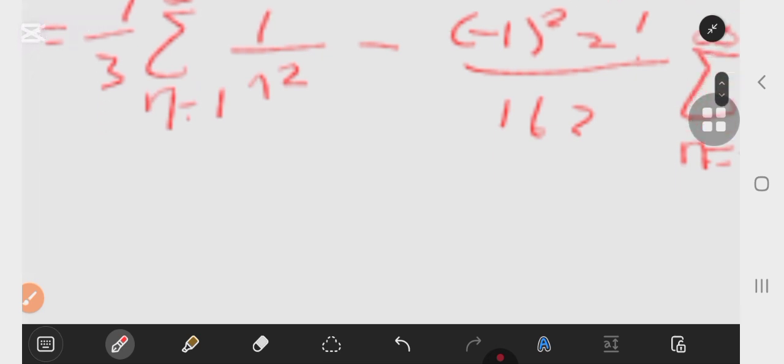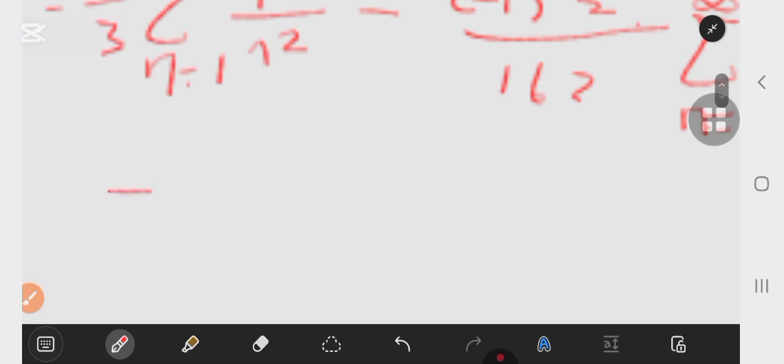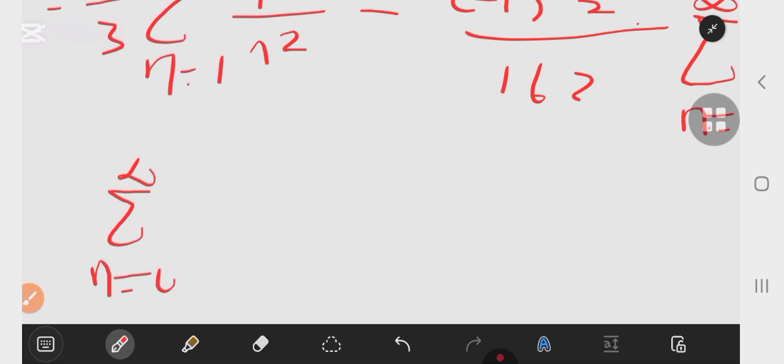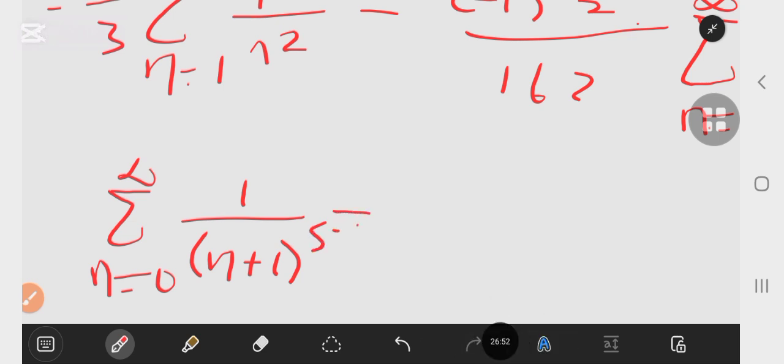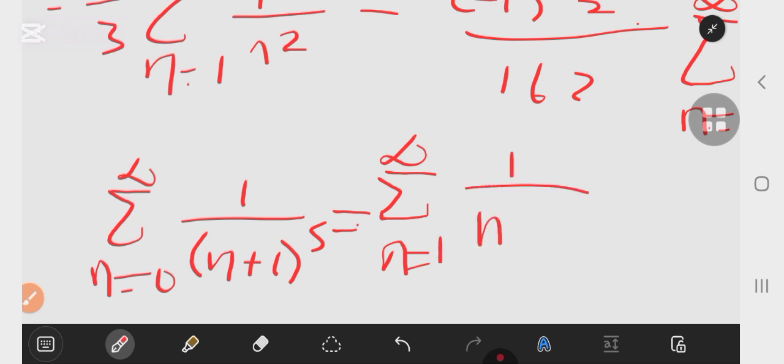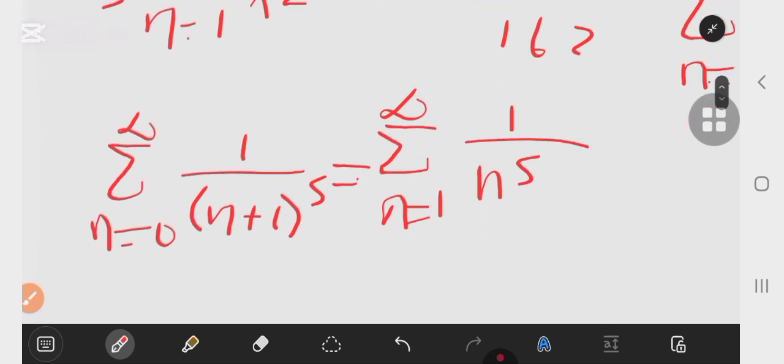Note this: the sum to infinity of n from 0 of 1 over n plus 1 to the power of any s, or I rewrite to say that it is the sum to infinity of n starting from 1 of 1 over n to the power of s. It's still the same thing, because here if you input n as 0, the sum will start from 1, then n as 1, the sum will start from 1.